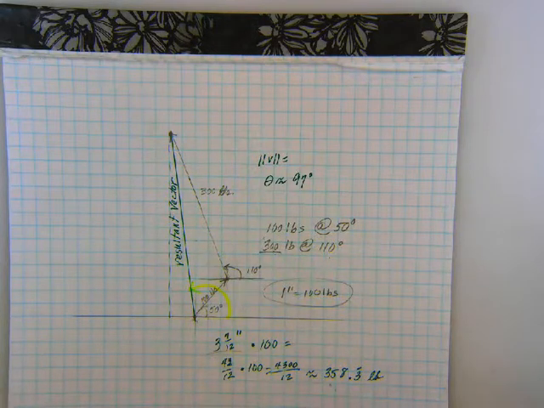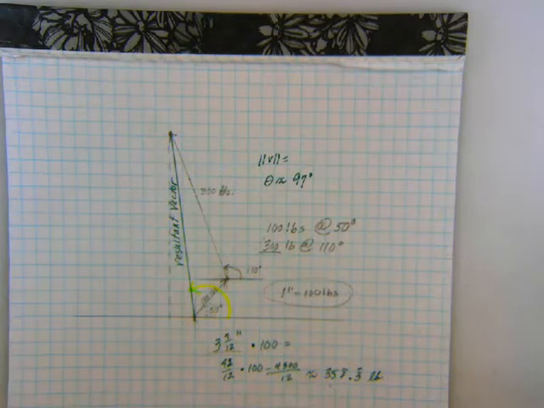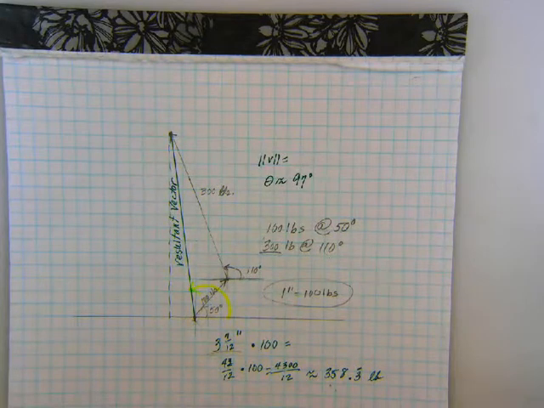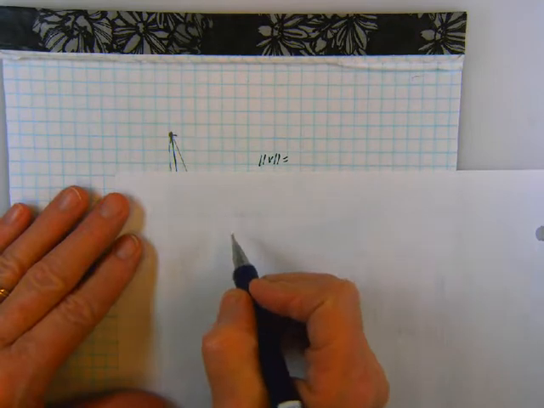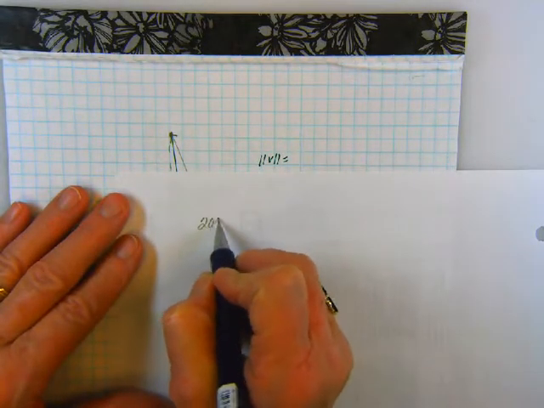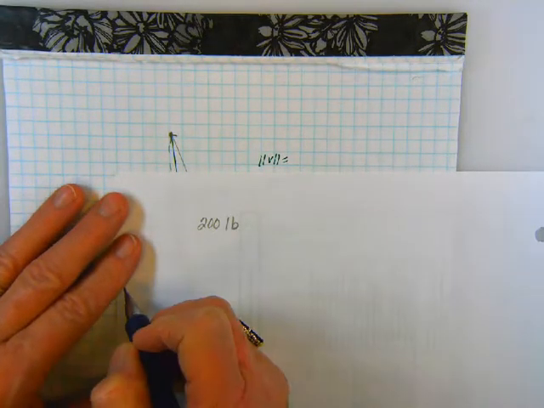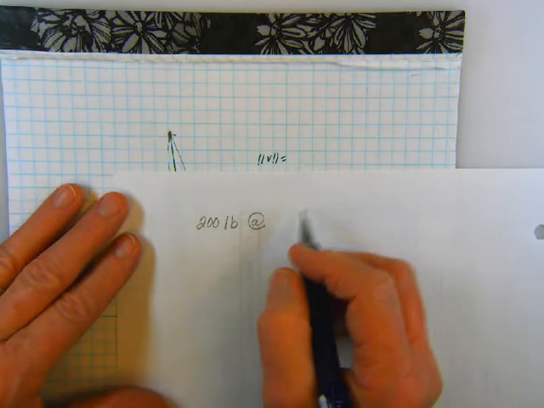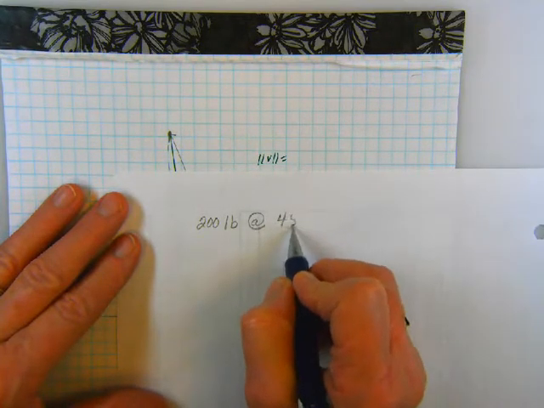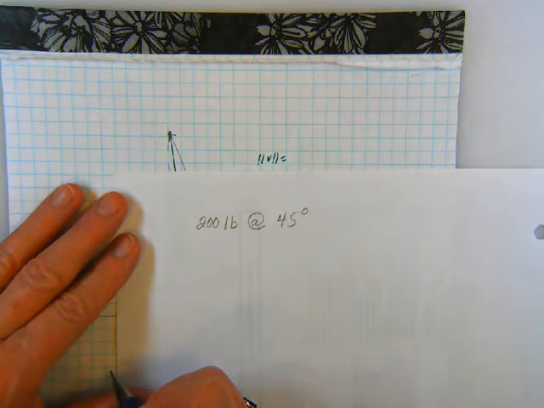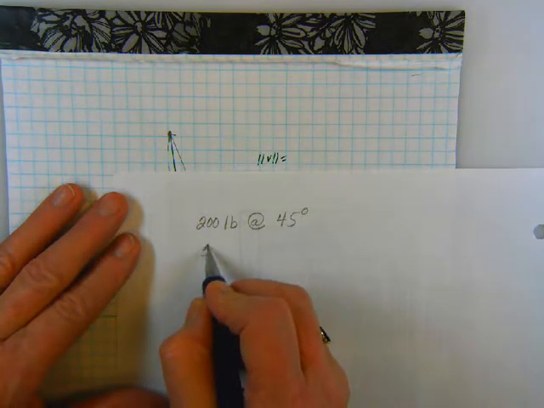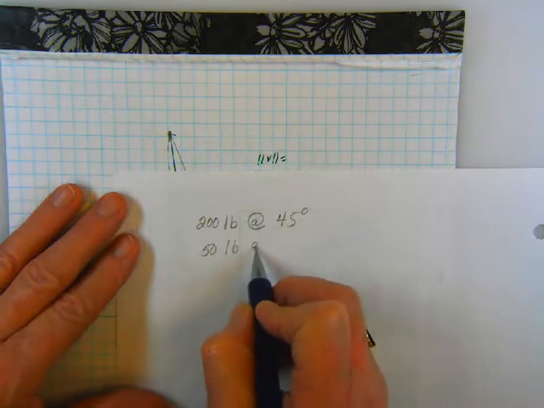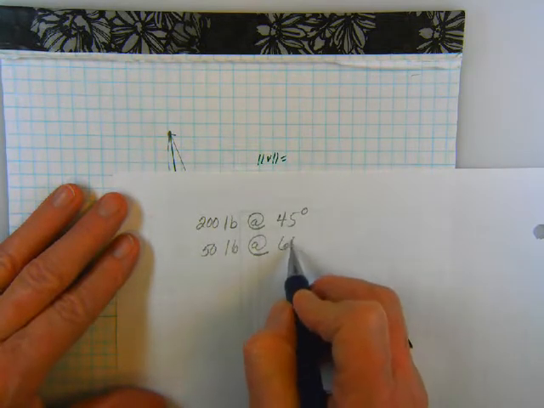All right, now let me give you one I want you to draw. I'm going to have you draw one that is 200 pounds of force at 45 degrees, and then 50 pounds of force at 60 degrees.